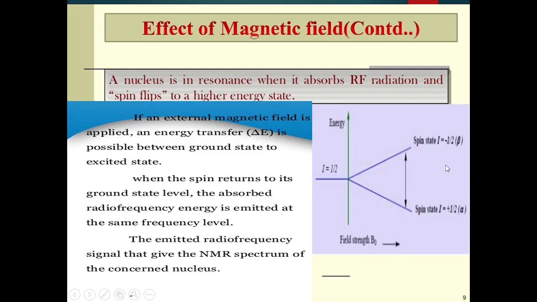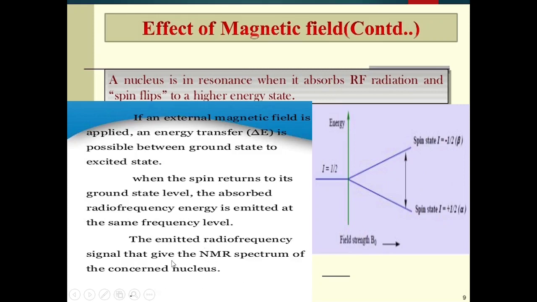One will be lower energy and the other will be higher energy, and the nuclei can pass from the lower energy state to the higher energy state by the absorption of electromagnetic radiation in the radio frequency range, and it can also flip back to the lower energy state by emitting the radio frequency.